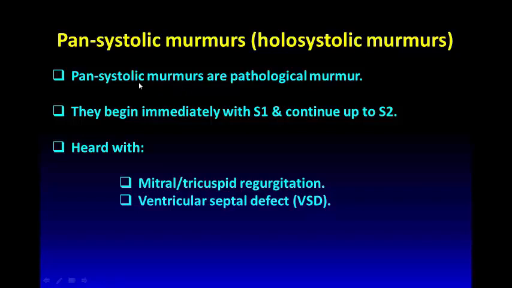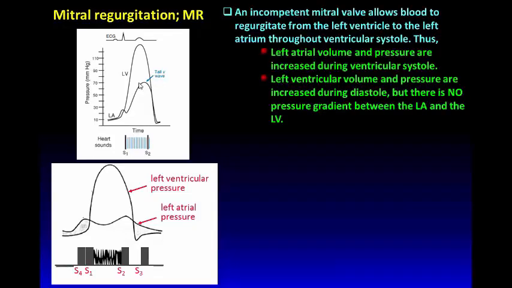The pansystolic murmurs are pathological murmurs. They begin immediately with S1 and they continue up to S2. So the murmur extends all the way through systole. We will describe the murmur and the hemodynamics of mitral regurgitation in more detail.